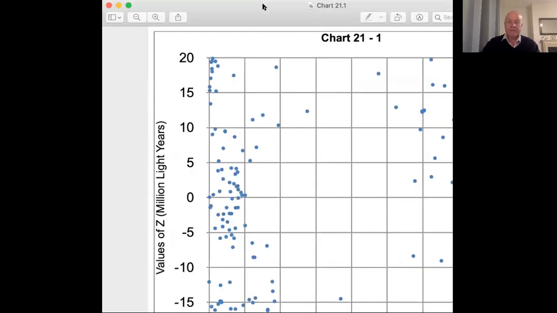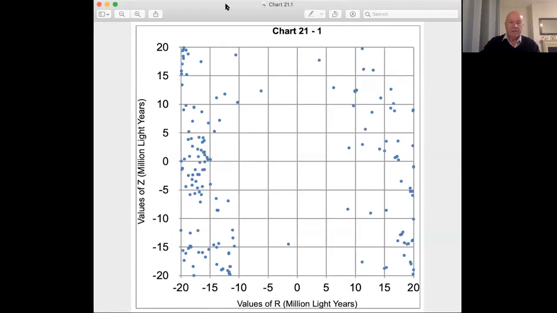So if we now do a screen share and pick up this one. This is a chart taken from the paper on the evolution of the universe, which is on the academia website.